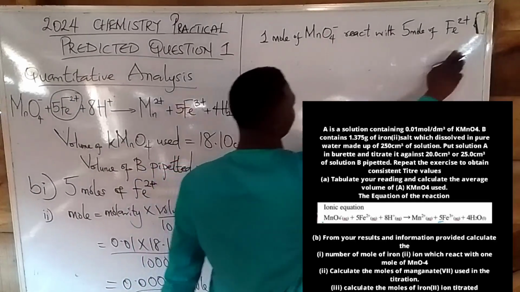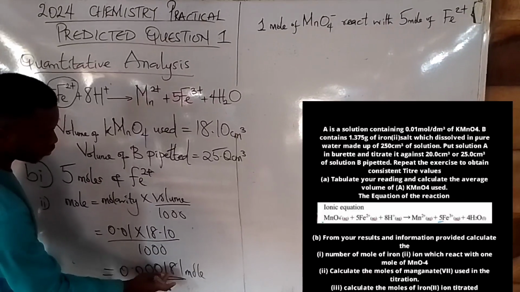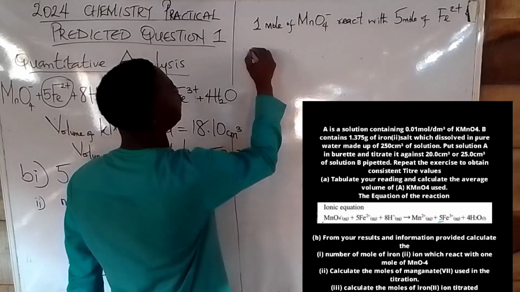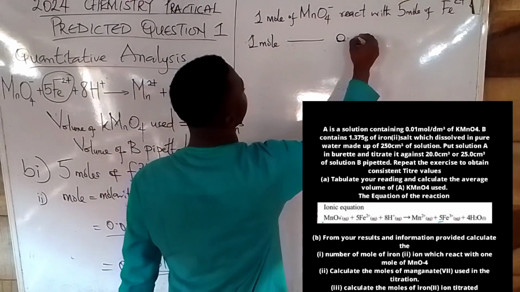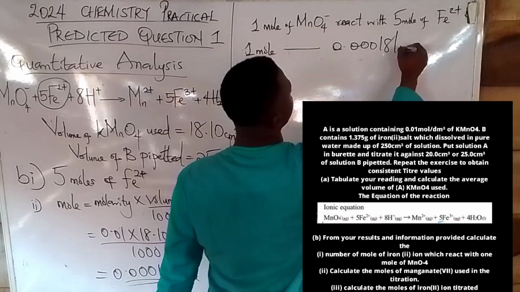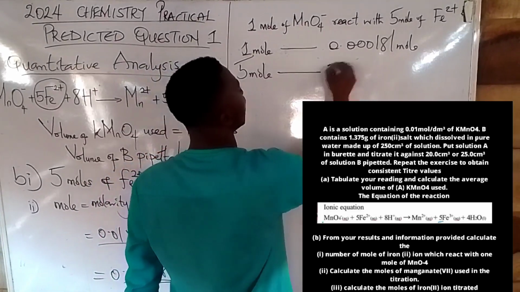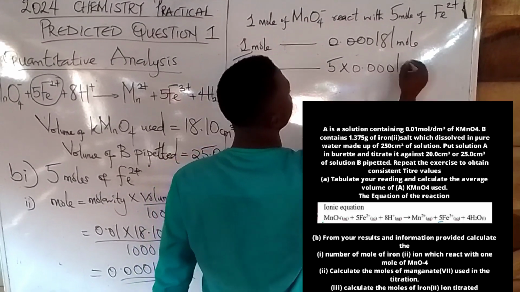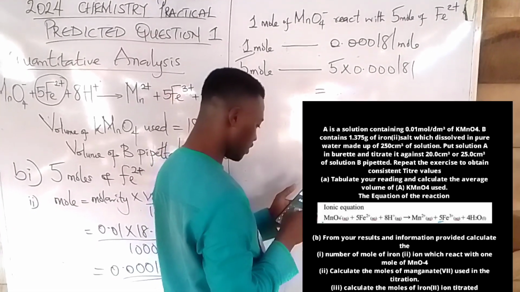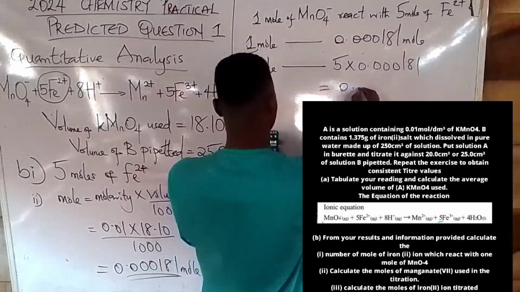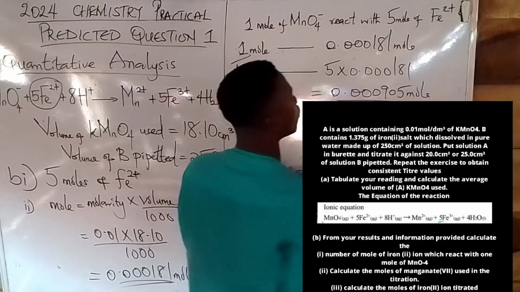You will discover that we have 0.000181 mole, so if 1 mole stands as 0.000181 mole, then 5 moles is going to be 5 multiplied by 0.000181, which gives exactly 0.000905 mole. So this is what I'm going to have.